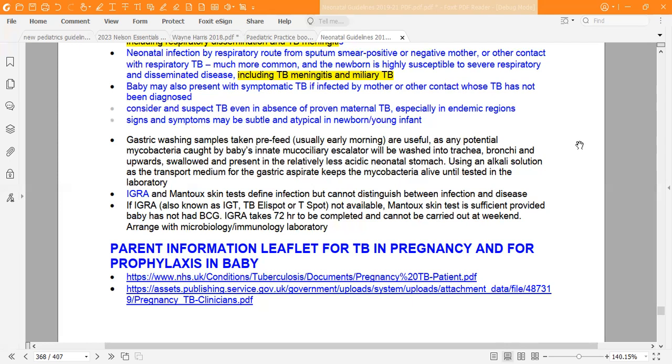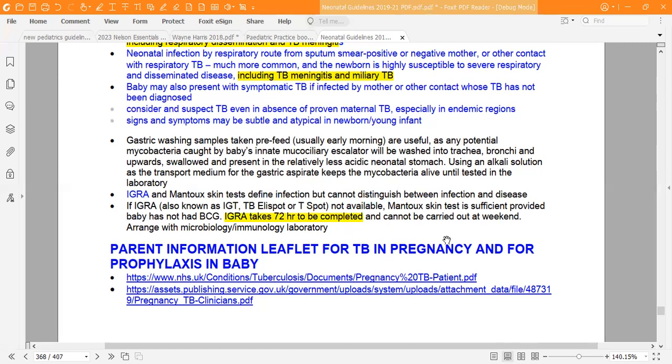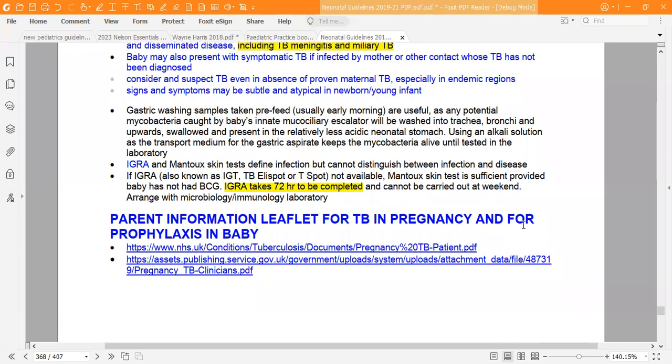IGRA takes 72 hours to be completed and cannot be carried out at weekends; arrange with the microbiology or immunology laboratory. So the IGRA test will take 72 hours for results to get ready and cannot be carried out on weekends. So the Mantoux test is faster than the IGRA.